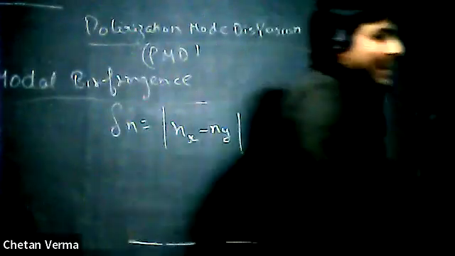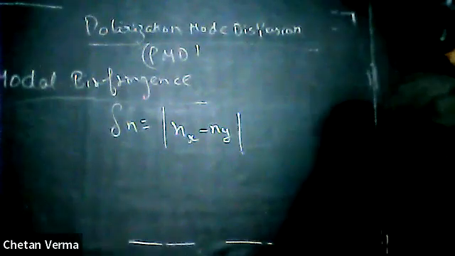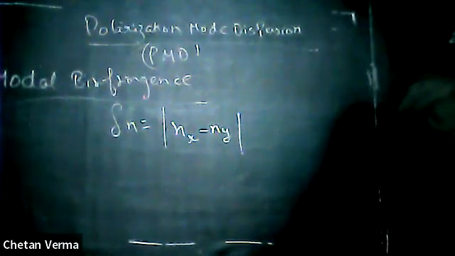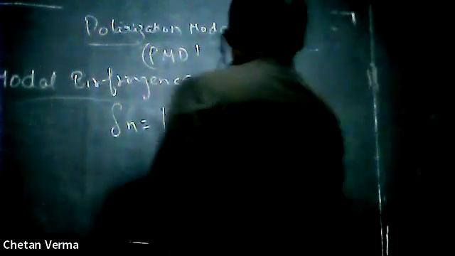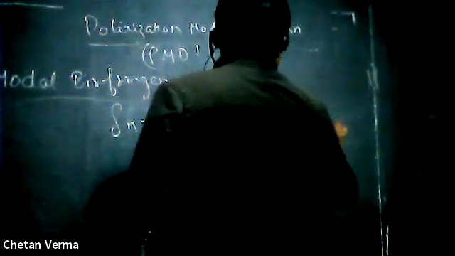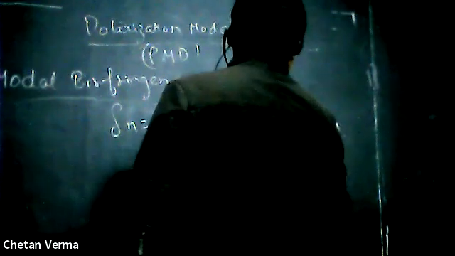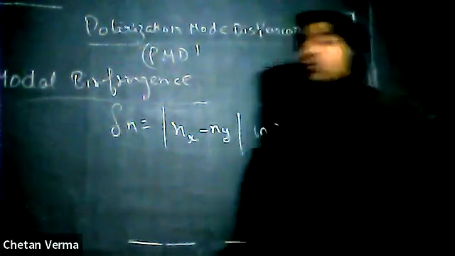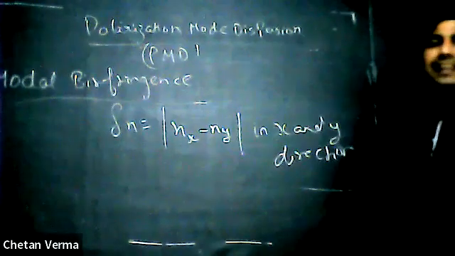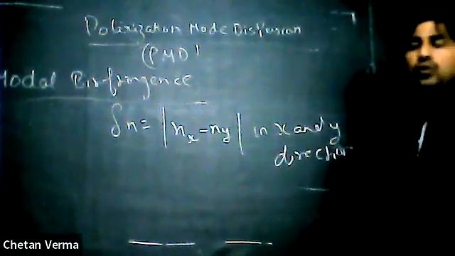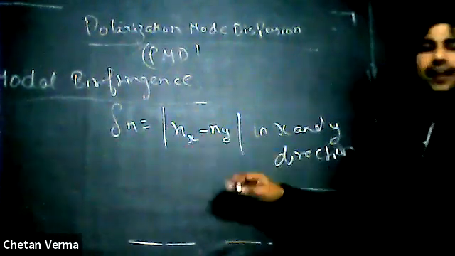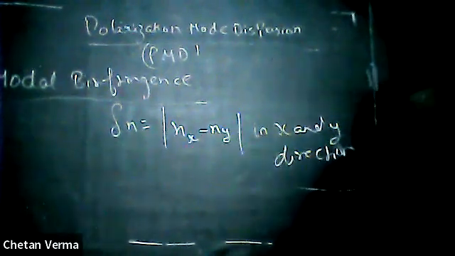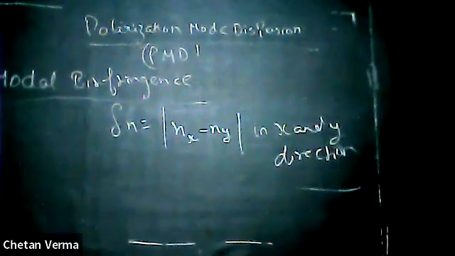Okay, nx and ny represent the respective mode refractive indices of the polarized components in the x and y directions. It means the dispersion happening due to the two refractive indices of the two orthogonal components nx and ny is known as modal birefringence.